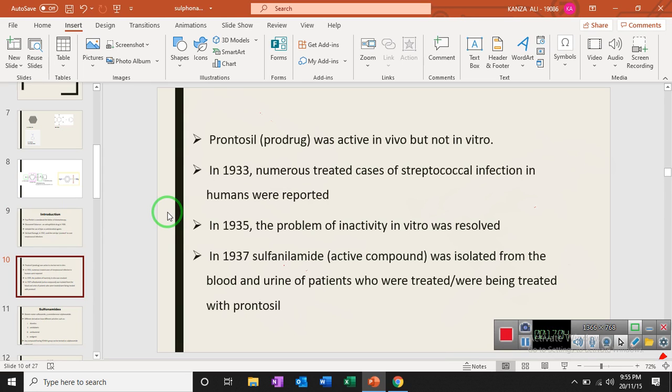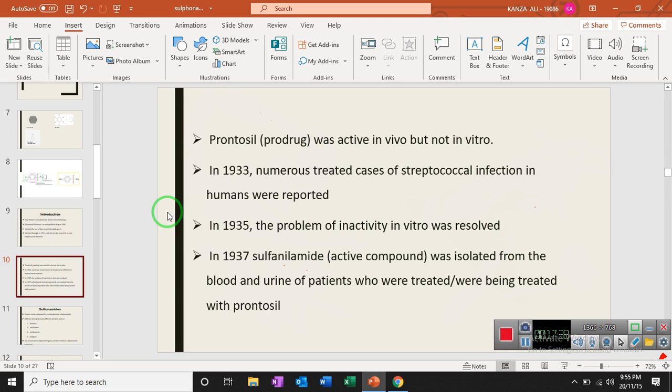When they use the prontosil in vitro, outside the body or outside the living system, the molecule is inactive, but otherwise it is active. We can say that the prontosil is a prodrug.